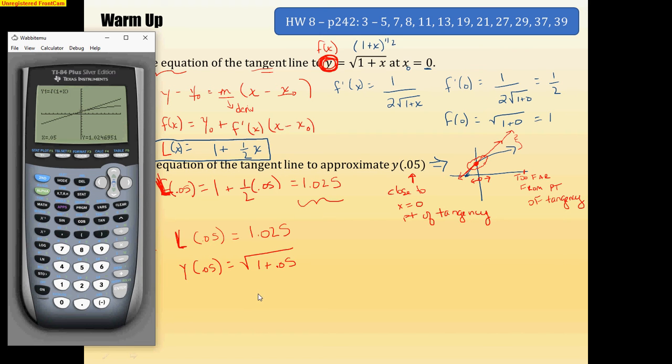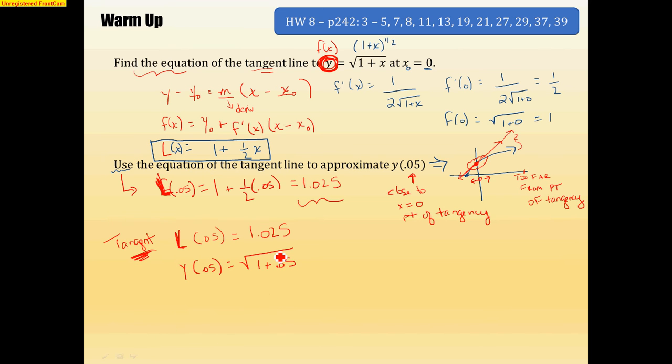Matter of fact, if you cut that off, do AP rounding, right? 1.0246 would be 1.025. These two values are really close, using the tangent line, using the original.